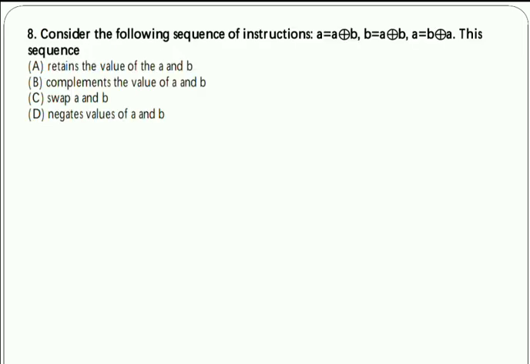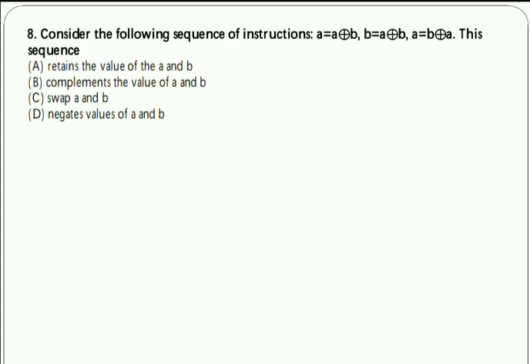Next. Consider the following sequence of instructions. A equals A XOR B, B equals A XOR B, A equals B XOR A. This sequence will result in which of the values?